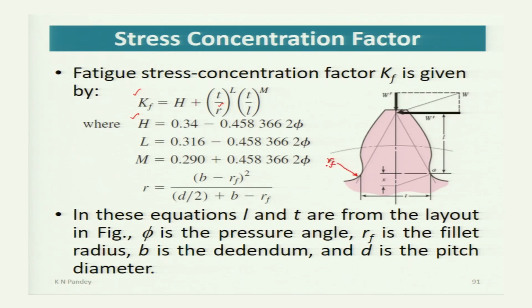So, r in this equation is given by b minus rf, where b is the width, divided by D, the pitch circle diameter, divided by 2, plus b minus rf.